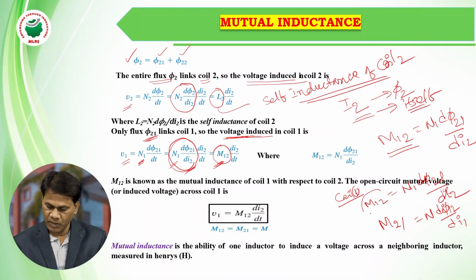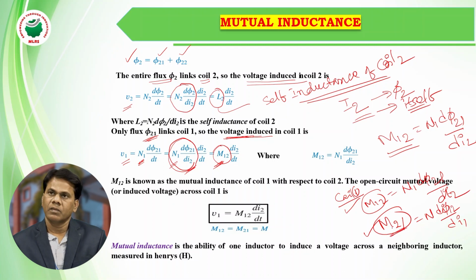These are the two mutual inductances. This one is the mutual inductance when current is flowing in coil 2, and this one is the mutual inductance of two magnetically coupled coils when current is flowing in the first coil. So finally V1 equals M12 di2 by dt.